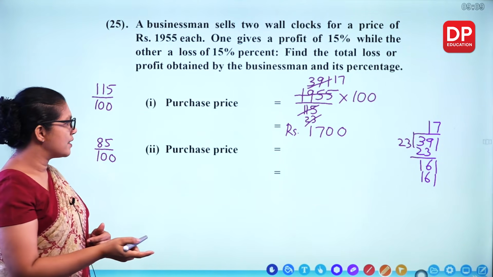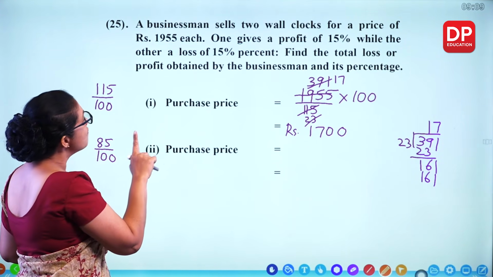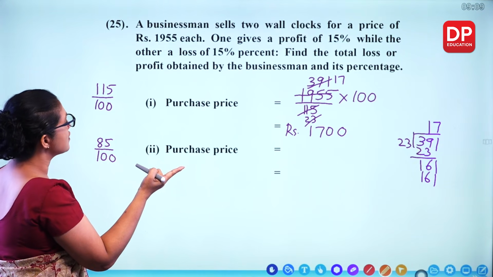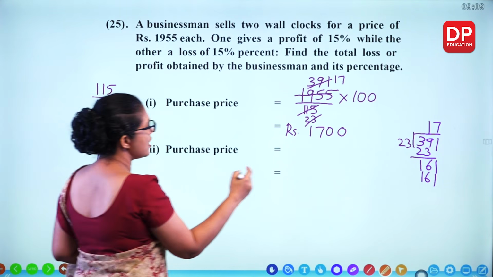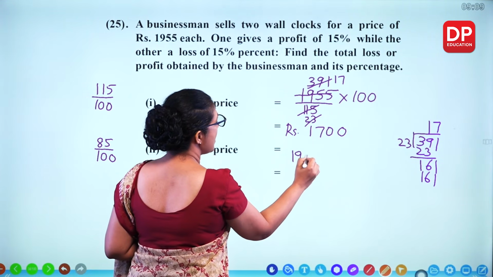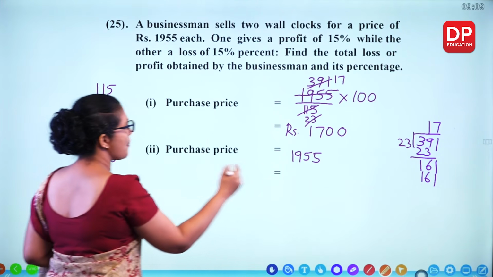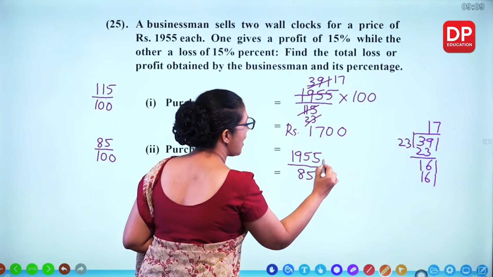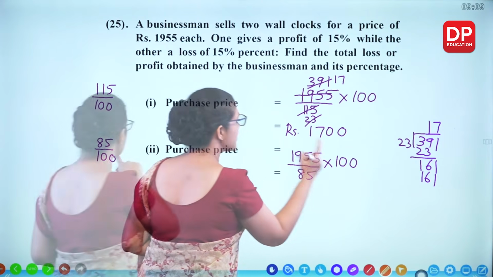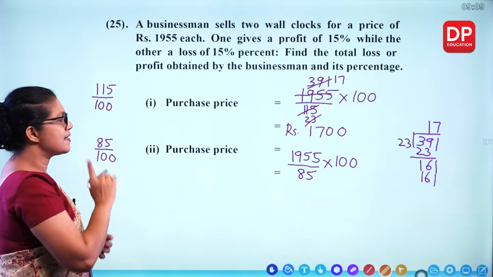What about the other one? This is 15% loss. So you take 1955, that's the selling price, divide by 85 and multiply by 100, because 85% means this value.